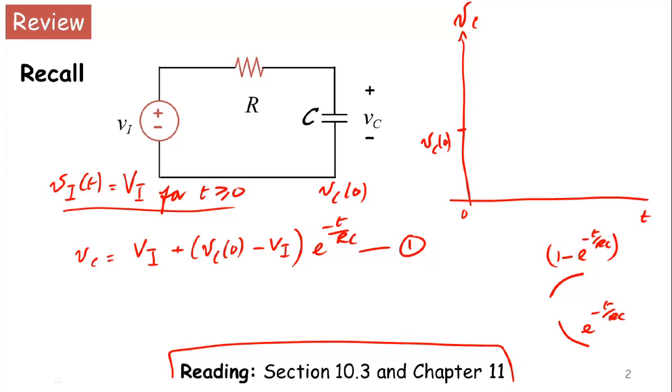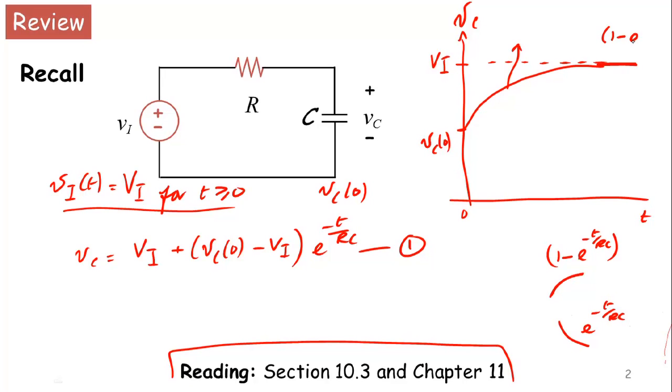So let's look at both of these forms. We started off with Vc of 0. For the one form, if the input voltage Vi was greater than the initial condition on the capacitor, then we knew that the final value on the capacitor was going to be Vi, and so it would be the rising form.